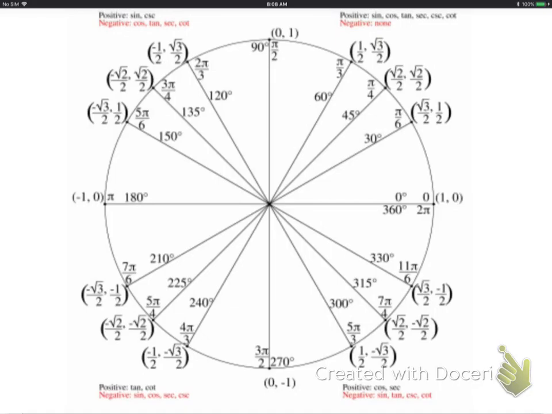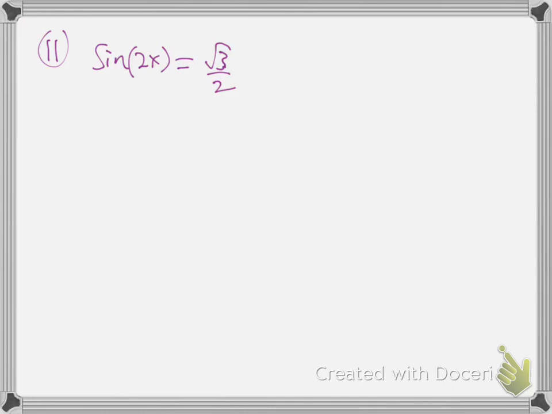So cosine sine right there, root 3 over 2. And cosine sine right there, 2 pi over 3. So pi over 3 and 2 pi over 3. Sine is root 3 over 2. You with me? I'm just looking for where is sine root 3 over 2. So pi over 3 and 2 pi over 3. So I write pi over 3 and 2 pi over 3.